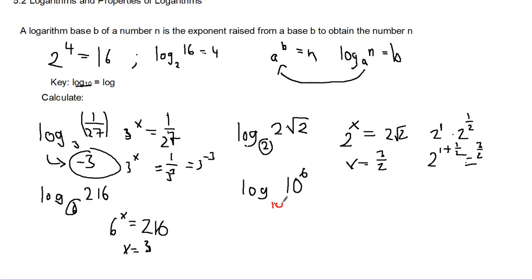Log base 10 of 10 to the 6th power. So the base is 10, the x is equal to 10 to the 6th, which is the answer. Beautiful, because we got the same base, x is just equal to 6. There you go. Amazing.